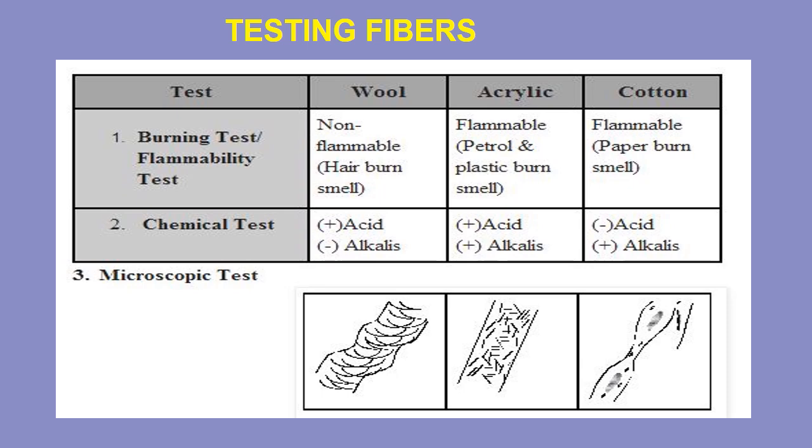Then the third method is the microscopic test, where we can see the look of the fiber under the microscope. In case of wool, we can see the scales, that is the cuticle, and it looks almost like fish scale. In case of acrylic, we can see a crystalline structure, and in case of cotton, we can see a non-uniform thread-like structure. There is no uniformity.